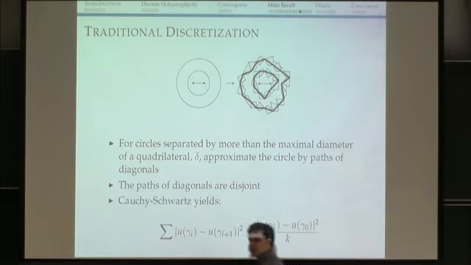Okay. And now what we did next in the continuum estimate is we said, okay, we integrate over circles. Here we have these discrete approximations of circles. You want to say that we can now essentially sum this over all the discrete paths out in a certain annulus to get the bound that we want.